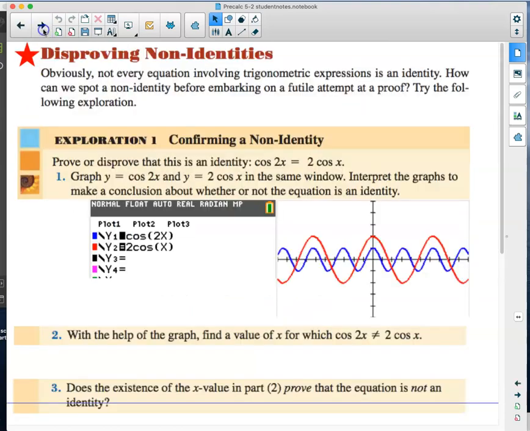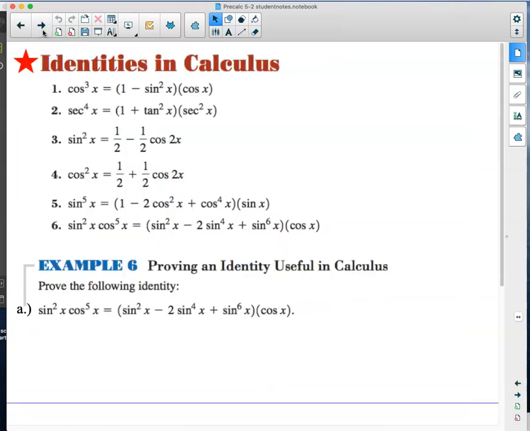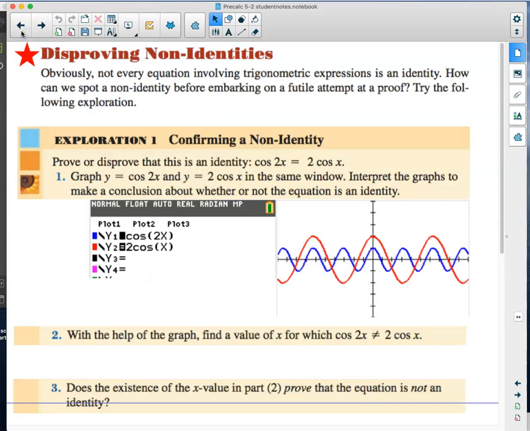So I looked at this last night and thought we don't have a tremendous amount left today, which is kind of good. We have some work time. Disproving non-identities or finding a counterexample, that's really what we're going to be doing. Obviously, not every equation involving trigonometric expressions is an identity. They don't all work. How can we spot a non-identity before embarking on a futile attempt at a proof?